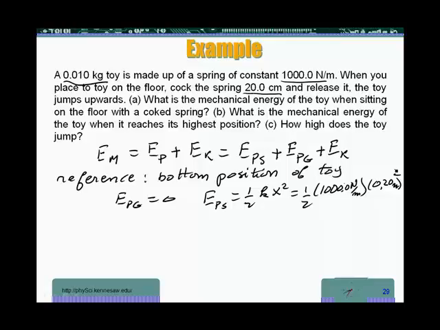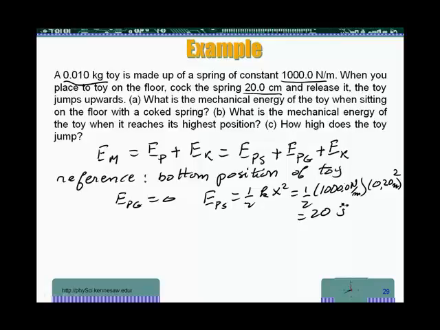0.2 squared is 0.04. 0.04 times 1,000 gives us 40, divided by 2 gives us 20 joules. So our spring potential energy is 20 joules. And the toy there is cocked.